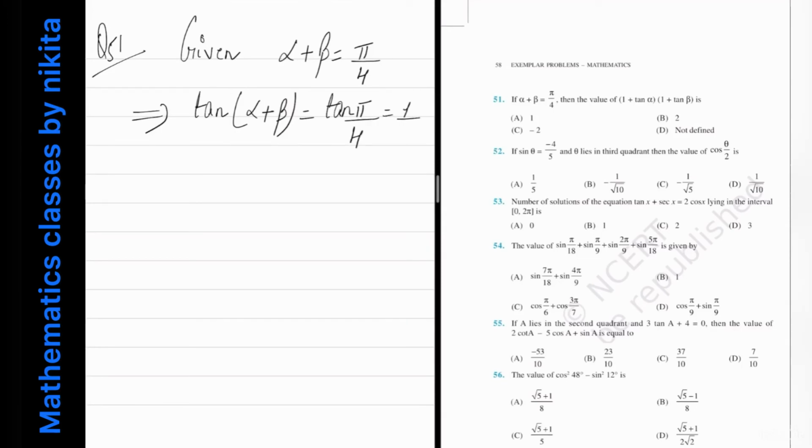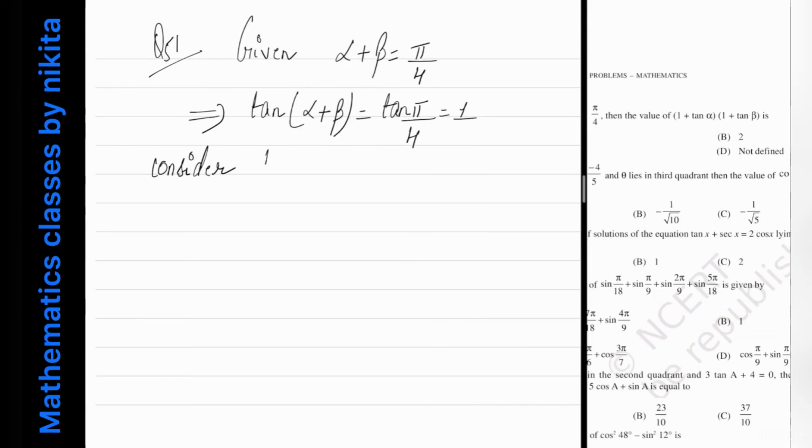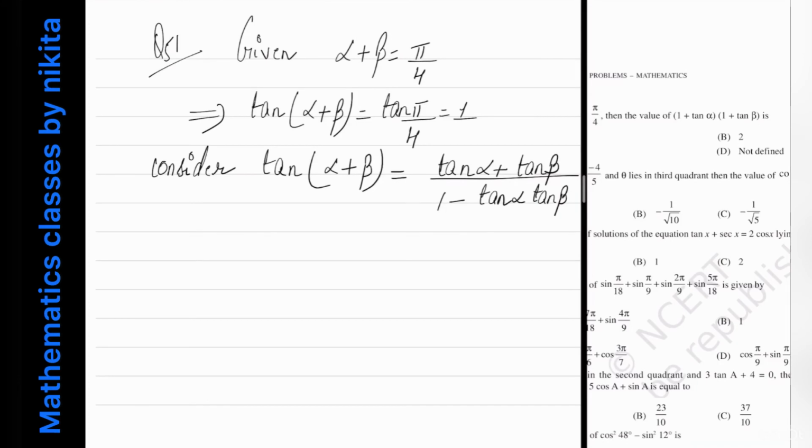Okay, now consider tan of (alpha plus beta). Now we will apply the formula of tan of (alpha plus beta). So this is equal to (tan alpha plus tan beta) divided by (1 minus tan alpha into tan beta). Okay, now I know that my left hand side is equal to 1.